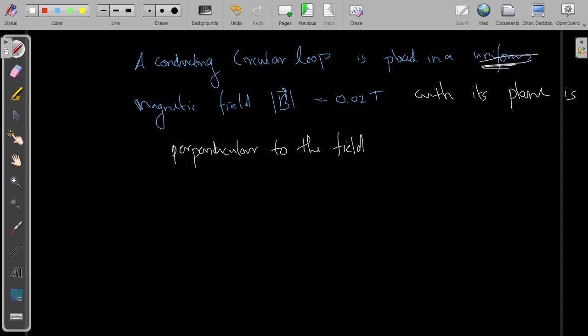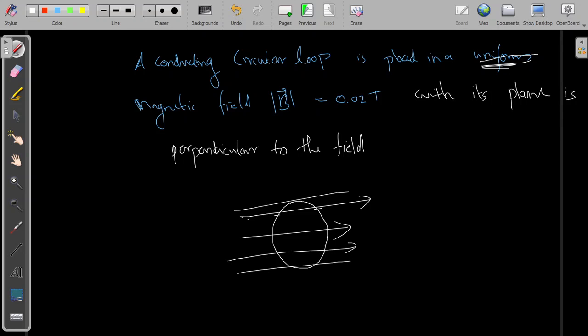So it looks like this. That is a conducting circular loop like this, and its plane is perpendicular to the direction of the magnetic field. Just like this, perpendicular.